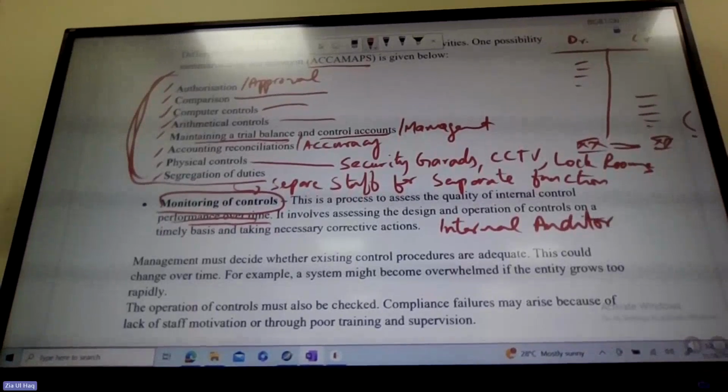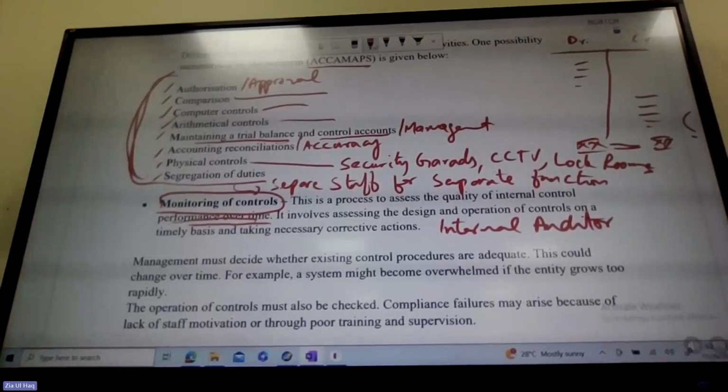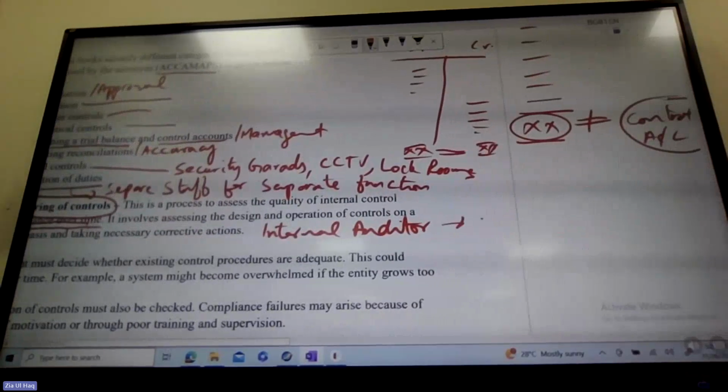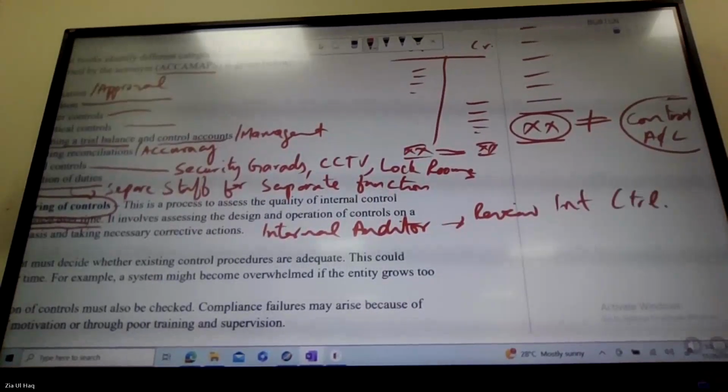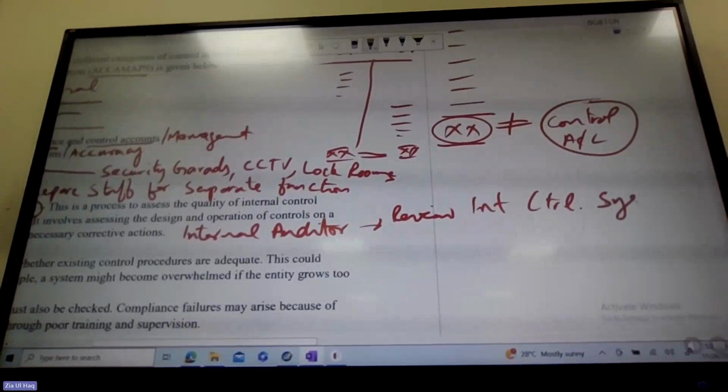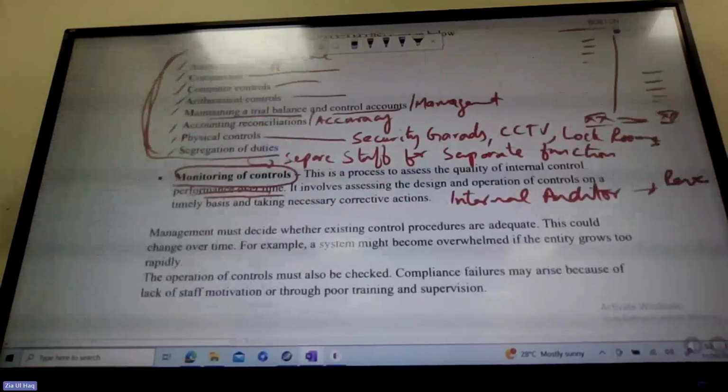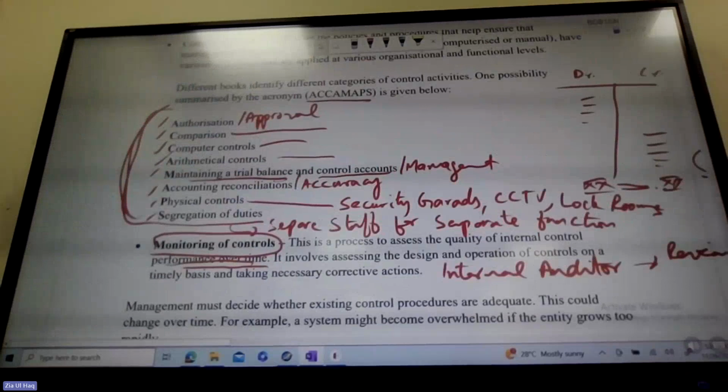Who is an internal auditor? A person appointed by company management. What is the role of the internal auditor? His role is to review the internal control system to see whether these control procedures, policies and activities are properly followed or not.